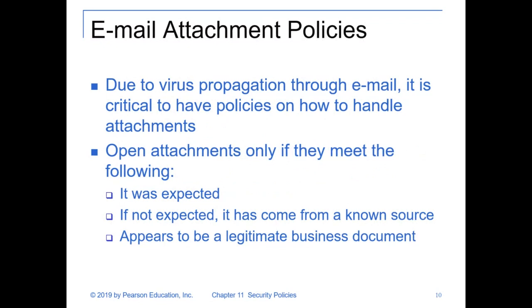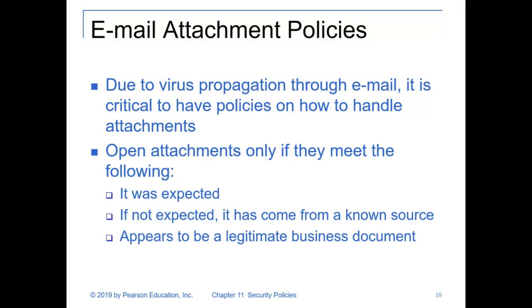All right, with email attachments, this is one of the ways that a virus can spread. So it's critical you have policies on how to handle attachments. Some recommendations are that you only allow attachments to be opened if the attachment was expected, or, if it was not expected, it has come from a known source and appears to be a legitimate business document.